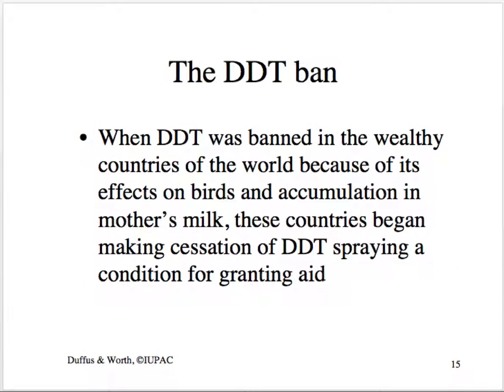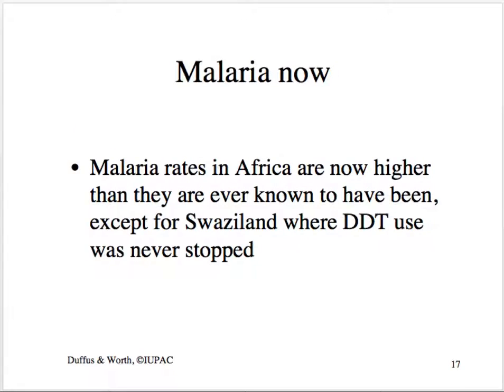When DDT was banned in the wealthy countries of the world, these countries began making cessation of DDT spraying a condition for granting aid. Malaria rates in Africa are now higher than are ever known to have been, except for Swaziland, where DDT use was never stopped.